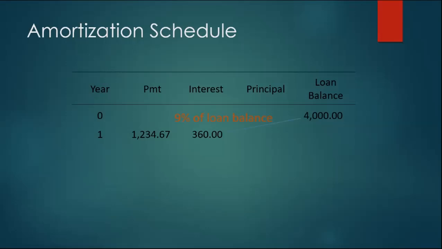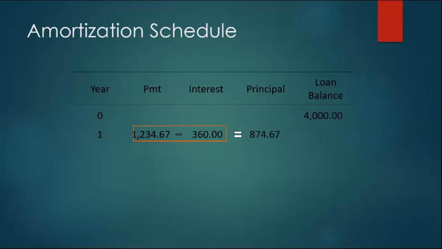And the second part is how much principal you have paid to the bank in the first payment. So this is 1234.67 minus 360, which is the interest amount charged by the bank.